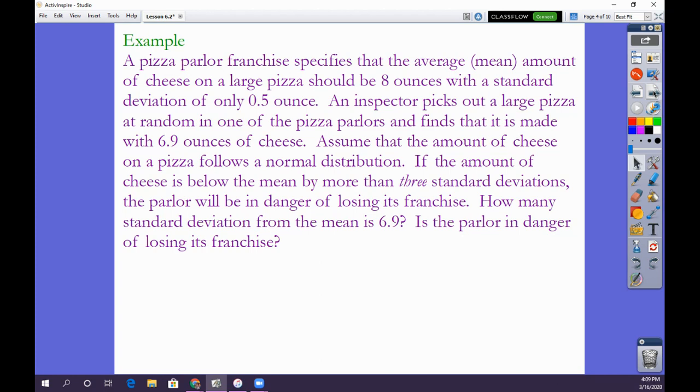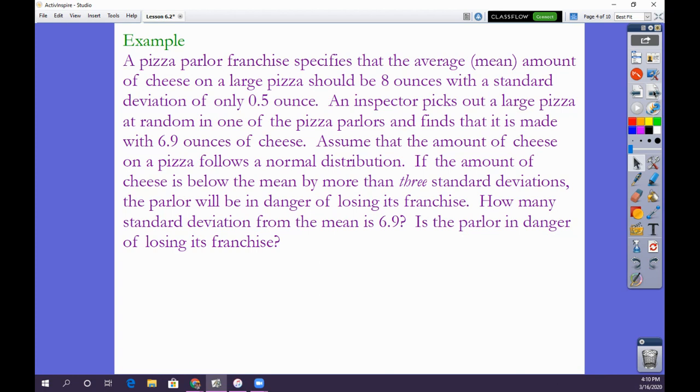A pizza parlor franchise specifies that the average, or the mean, amount of cheese in a large pizza should be 8 ounces with a standard deviation of only half an ounce. An inspector picks out a large pizza at random in one of the pizza parlors and finds that it is made with 6.9 ounces of cheese. Assume that the amount of cheese on a pizza follows a normal distribution.